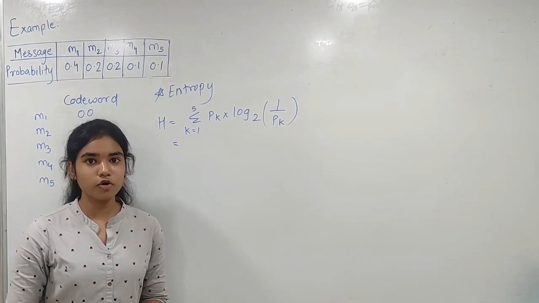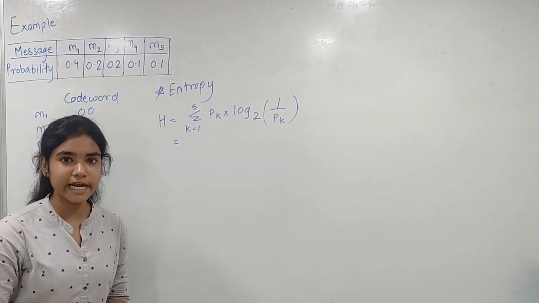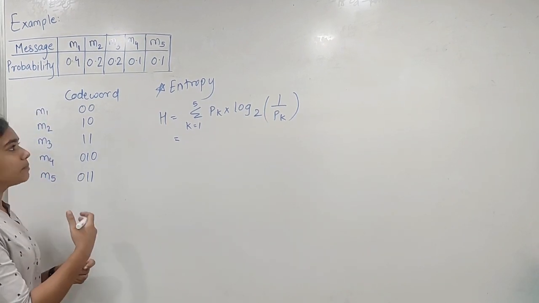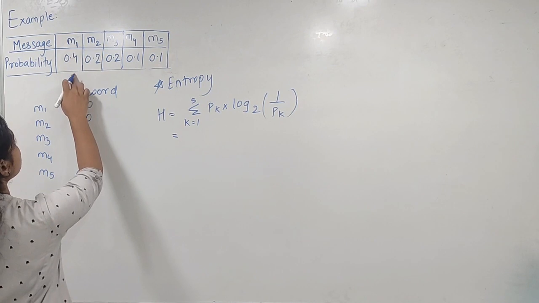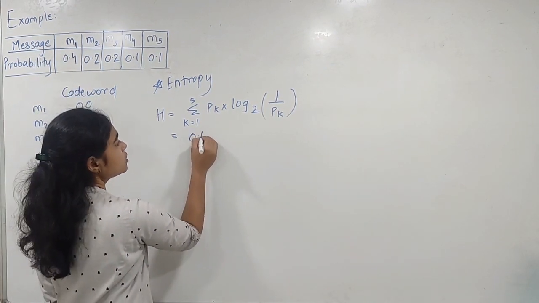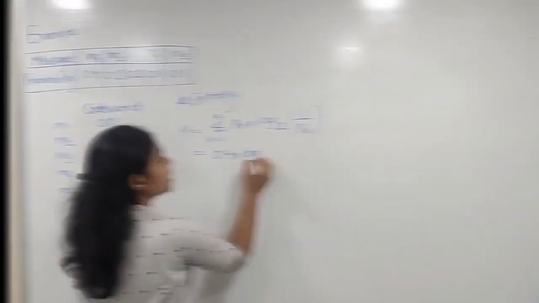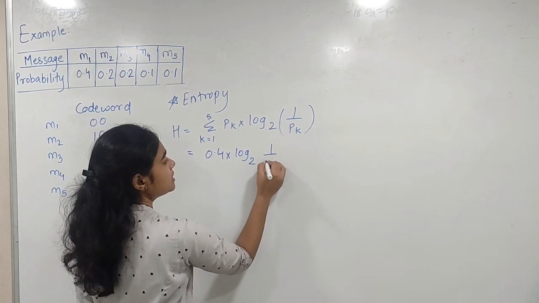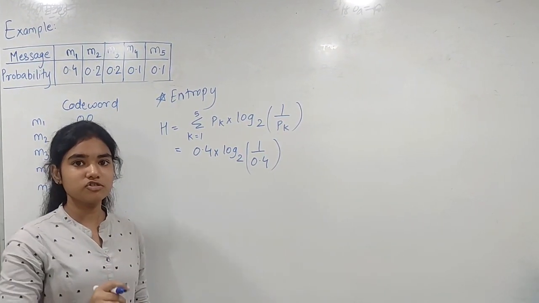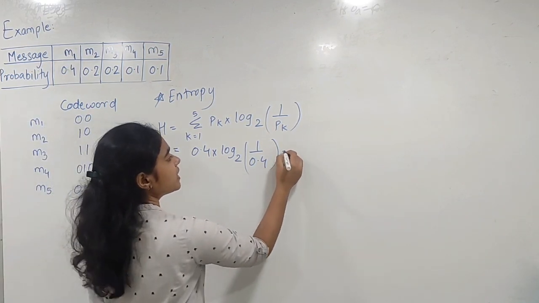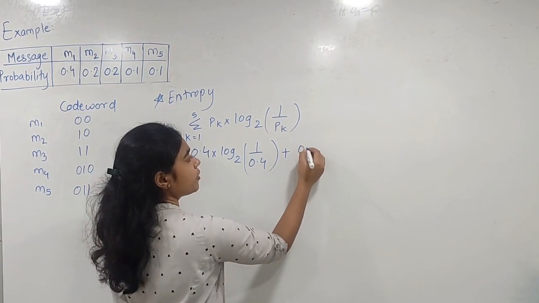Now we have to find entropy. So this is the formula for finding entropy. Let us simply put the values in this formula. So according to the formula, the first probability is 0.4. So it's 0.4 multiplied by log to the base 2 of 1 by 0.4. Remember that the base of the logarithm has to be 2. Next we have twice 0.2.